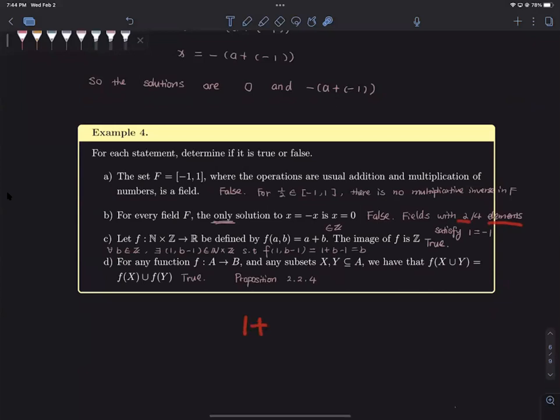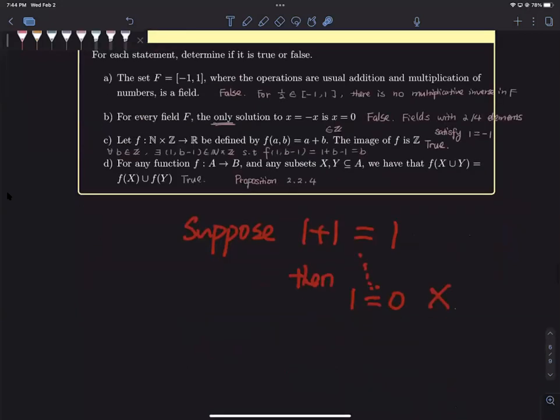Show 1 plus 1 is not 0, then it also has to be that 1 plus 1 is not 1, so it has to be 0. Suppose 1 plus 1 is 1, then you do some steps, then 1 equals 0. This is not possible, so it has to be 0. The proof is simple enough that I didn't show it.